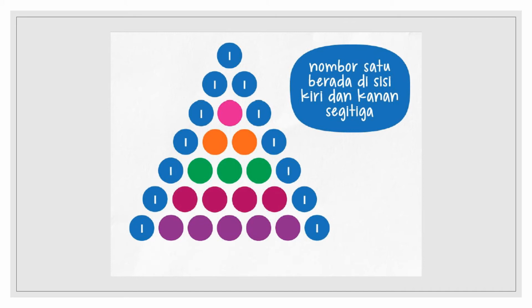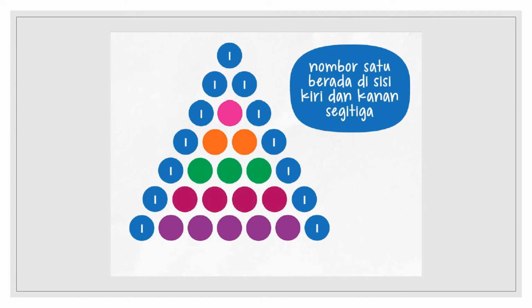Another example of pattern and sequences is Pascal Triangle. What is Pascal Triangle? Pascal Triangle was known as Yang Hui's Triangle by the Chinese and illustrated using magic square and magic circle. In Pascal Triangle, number 1 will be on the left and right side of the triangle. It starts with number 1 as well at the top of the triangle.